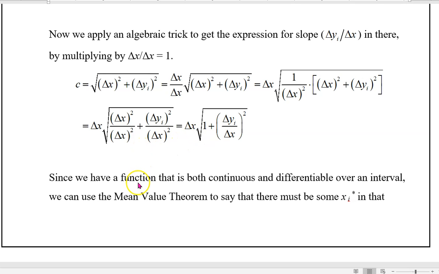Since we have a function that's both continuous and differentiable over the interval, by our requirement that it be smooth, then we can use the mean value theorem. Remember what the mean value theorem says. If it is continuous on the closed interval and differentiable on the open interval, then there must be some point in there that has the slope of that tangent line.